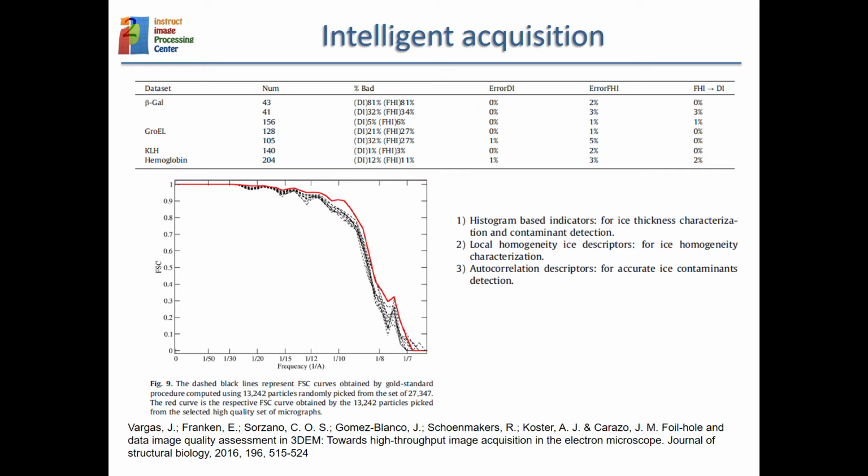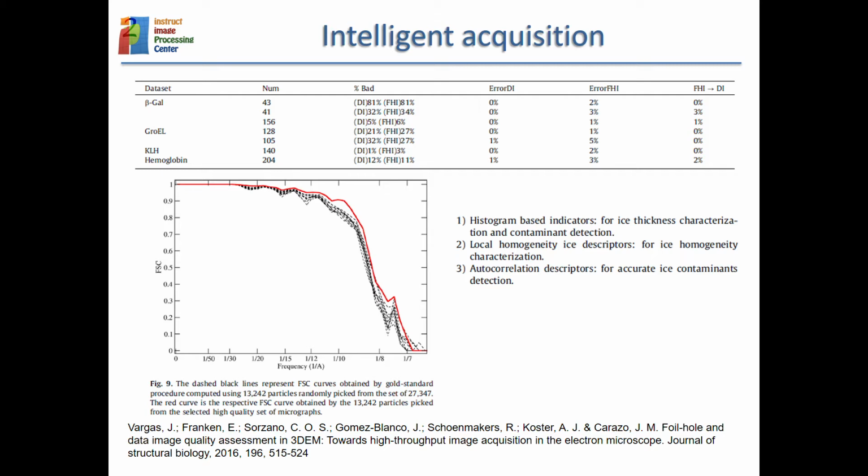And the point is that the more intelligence you put into the acquisition, the higher the quality of the micrographs you are acquiring. You can only record at a given speed.